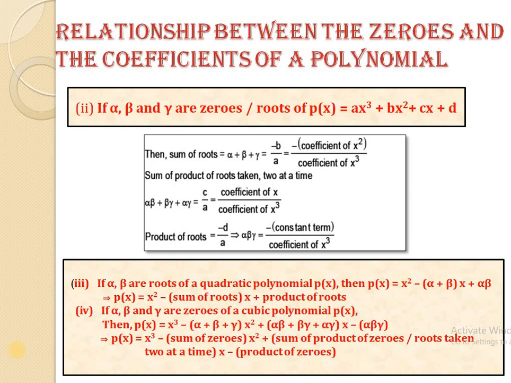If alpha, beta, gamma are the zeros of the cubic polynomial p(x), then p(x) would be x cube minus (alpha plus beta plus gamma) into x square plus (alpha beta plus beta gamma plus alpha gamma) into x minus alpha beta gamma, that is x cube minus sum of zeros into x square plus sum of product of zeros or roots taken 2 at a time into x minus product of zeros.